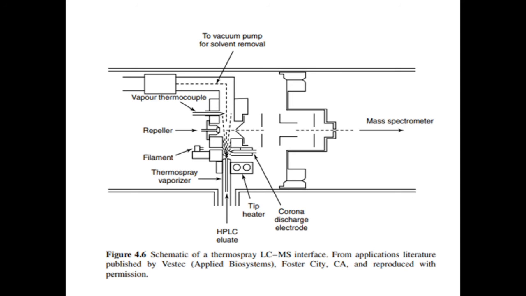The CI reagent, that is charge ion reagent gas plasma, is either generated by thermospray ionization if buffer is present, or as described above by the filament or discharge electrode.